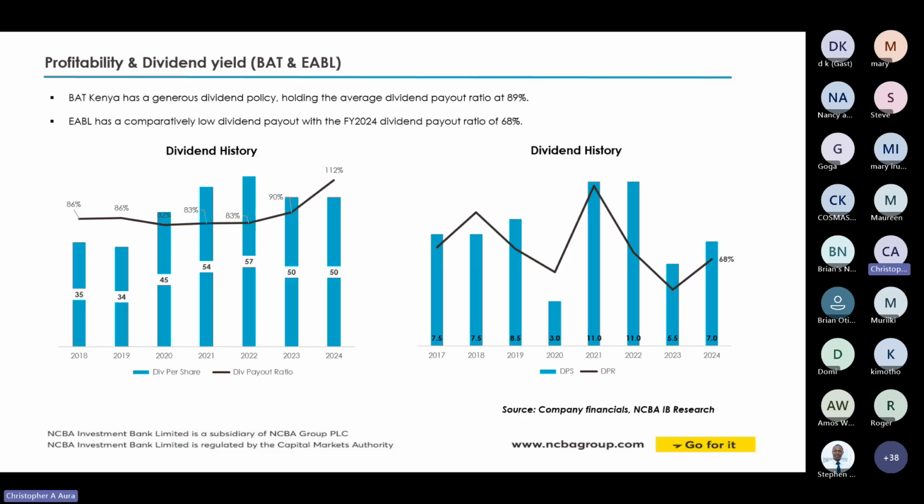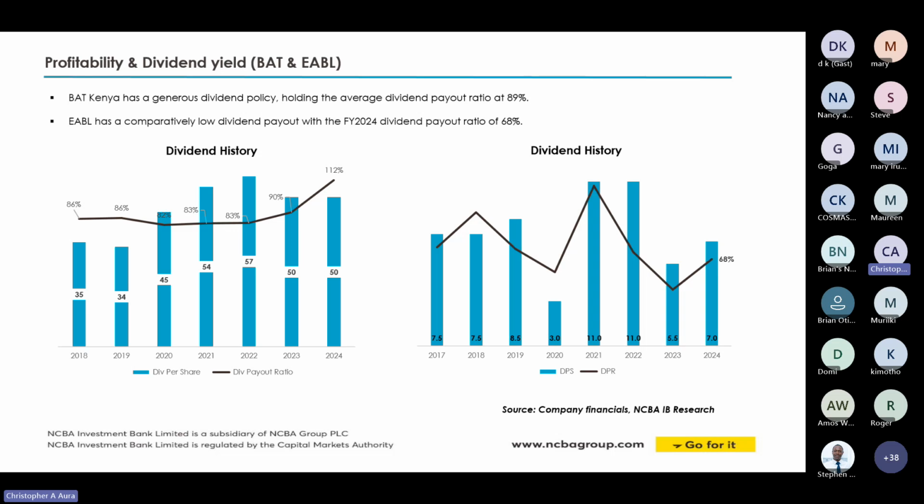So in terms of profit, the dividend that these two counters pay, both counters have a good dividend payment history, and so far BAT has the best one because BAT have been paying on average 89% of their profit as dividend. One of the reasons for this is that they have a strong cash flow, and in fact last year, despite poor performance, from their strong cash flow, they managed to pay dividends to their shareholders, and they paid 50, almost the same as last year.